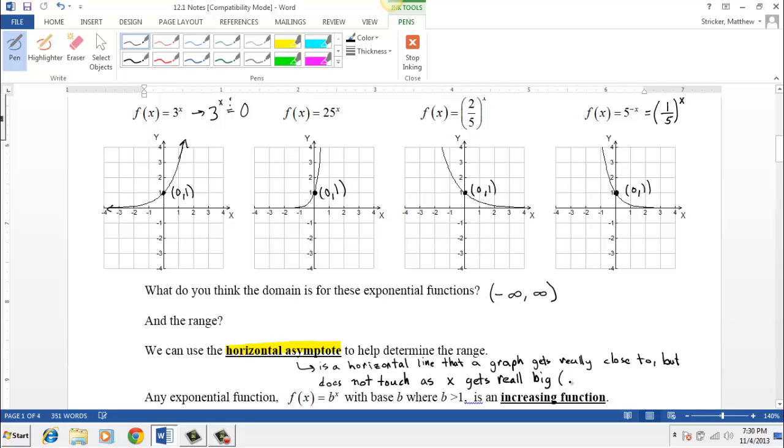So we can say as it goes towards infinity or negative infinity, as x gets really big in either direction.